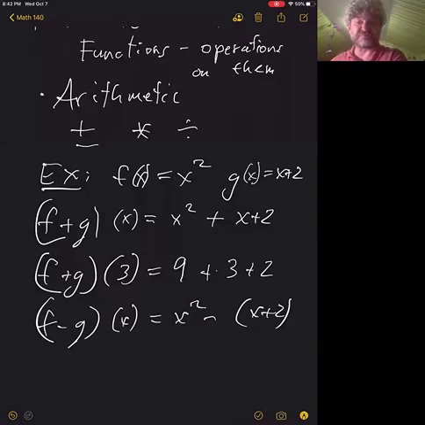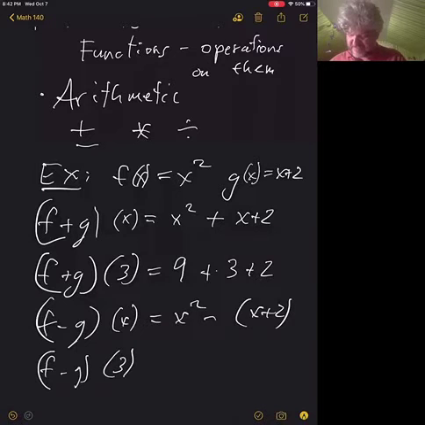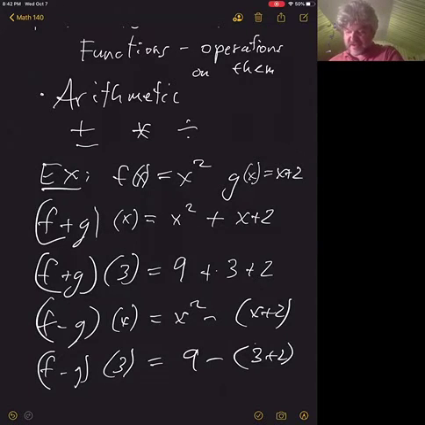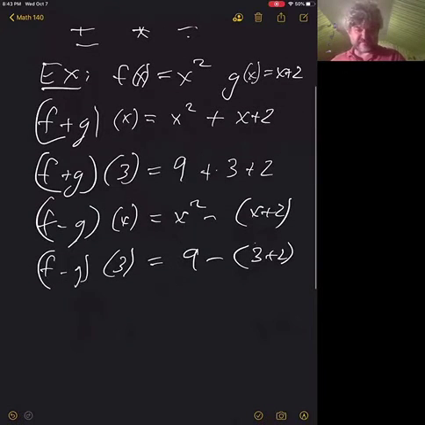Notice that we should put that x plus 2 in parentheses, otherwise the negative sign only applies to the x and doesn't hit the 2, okay? We've seen that before, and again here it's important. So f minus g of 3 would be 9 minus 3 plus 2. Just go in, replace every x by a 3, and then you can work out what that actually is. That's not the point here.